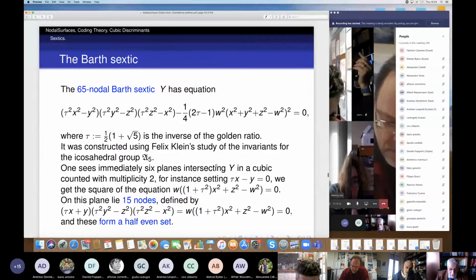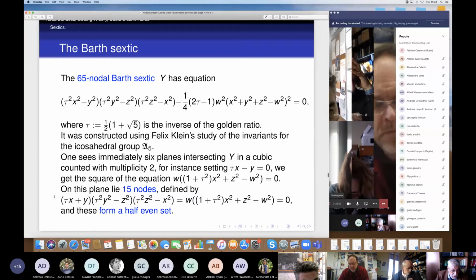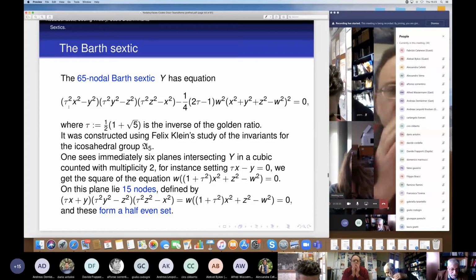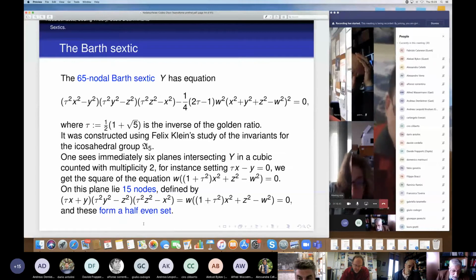So I get the square of W times the restriction of this. And on this plane lie the 15 nodes defined by the vanishing of this cubic polynomial and this quintic polynomial, which is the left-hand side, these 6-degree polynomials defined by this. So this equation shows that there are many half-even sets of cardinality 15.